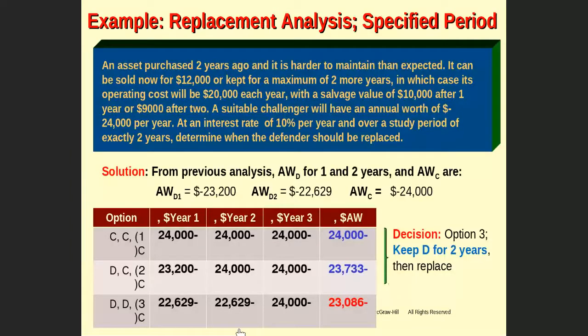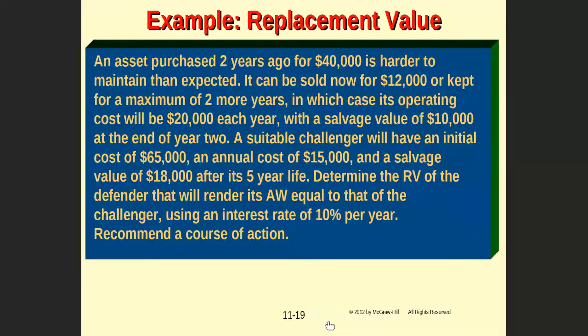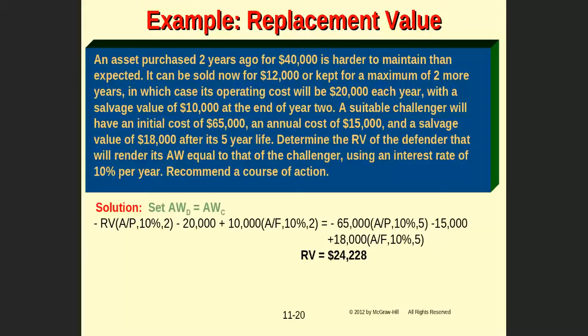This is considered a replacement value for the defender if it was going to be given away. So we are going to use the same example, and we try to find the RV, which is the replacement value for the defender.